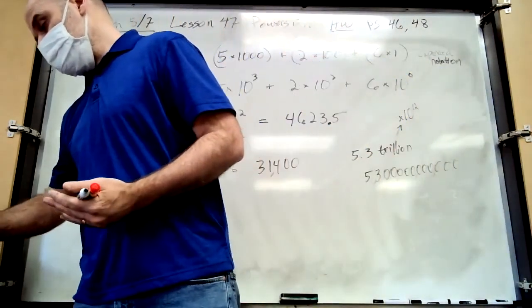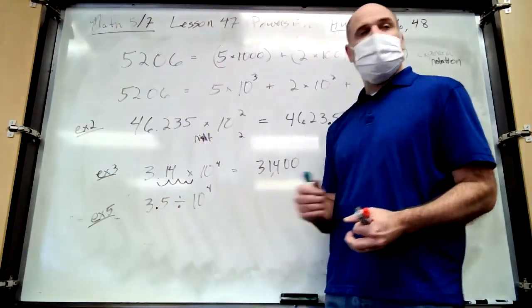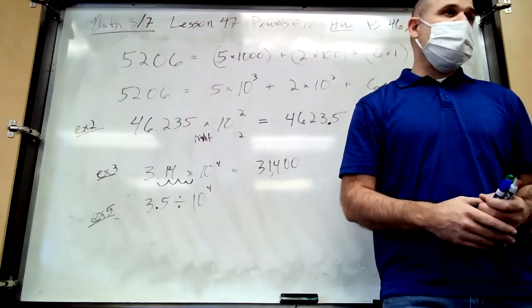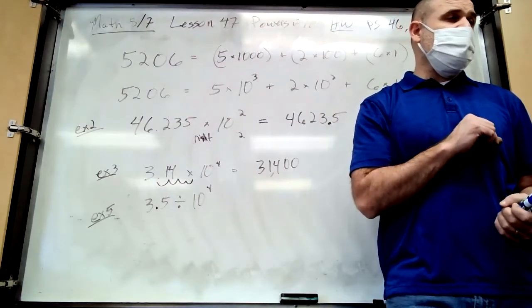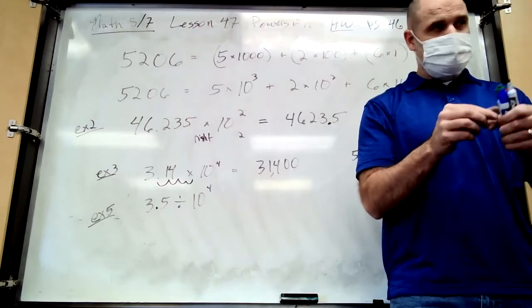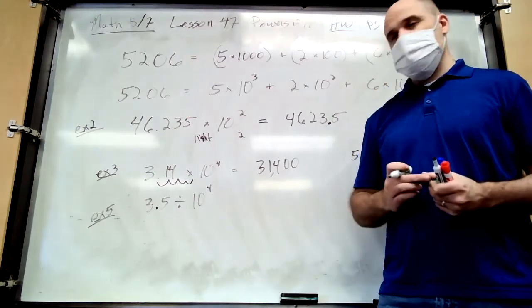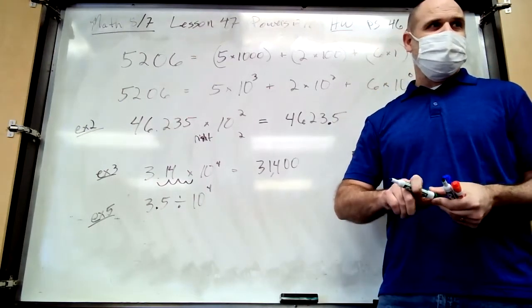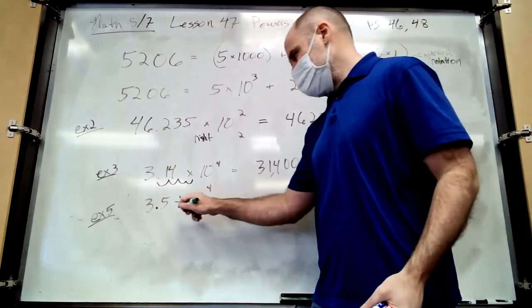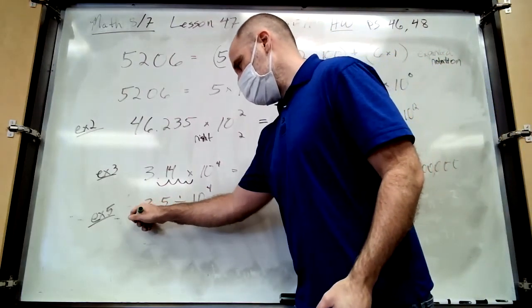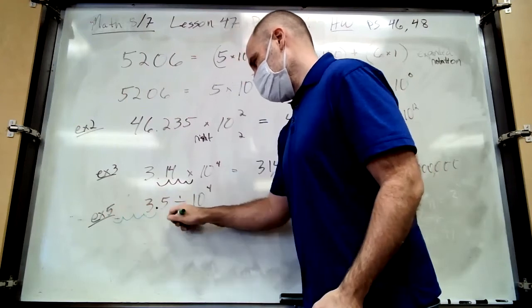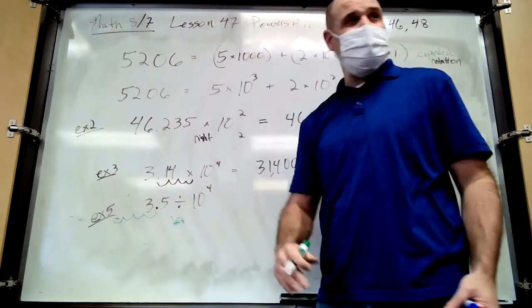But this isn't dividing by 10, it's dividing by 10 to the 4th. So the cool thing about these problems is your answer is on the board. How many places do I move it to the left? What other number do you see there? 4. So I'm going to move it left 4 places. So division means move it left.